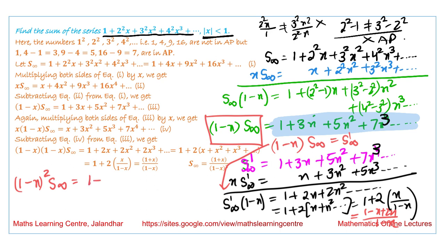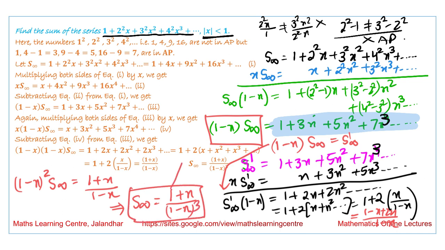So this is equal to (1 + x)/(1 − x). So we get that S infinity is equal to (1 + x)/(1 − x)³. So this is the sum of this infinite series.